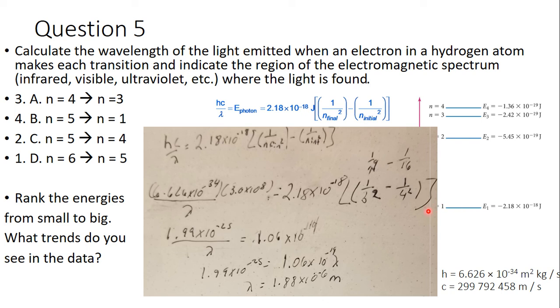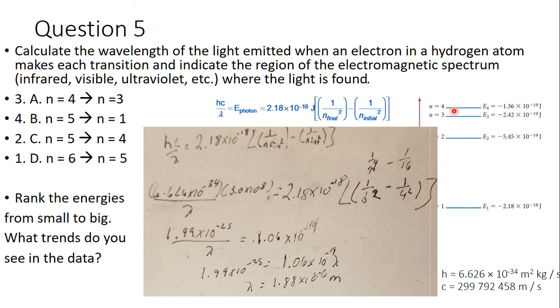It's cut off here, but this says n equals 1 and n equals 2. As you get into higher energy levels, the gap between the energy levels becomes smaller and smaller. If we look at the gap between n equals 1 and n equals 2, it's huge. The gap between n equals 2 and n equals 3 is much smaller.